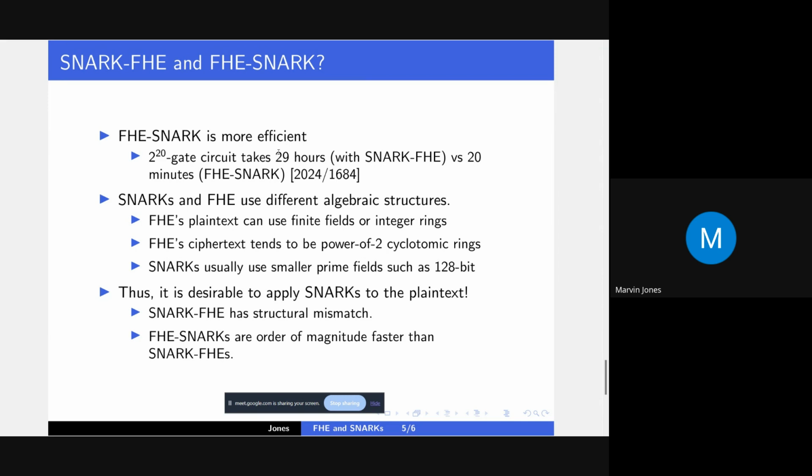So in terms of offloading it, it could be you sending it to the sequencer and the sequencer needing to verify it before making it valid, or you're sending it to a more powerful server, and they're doing these computations. 20 minutes is still absurd. I've heard about a project that wants to get this down to a couple of seconds. No idea how that's going, but 20 minutes is certainly better than 29 hours at least.